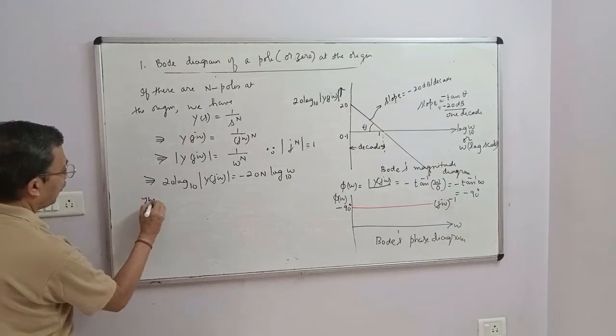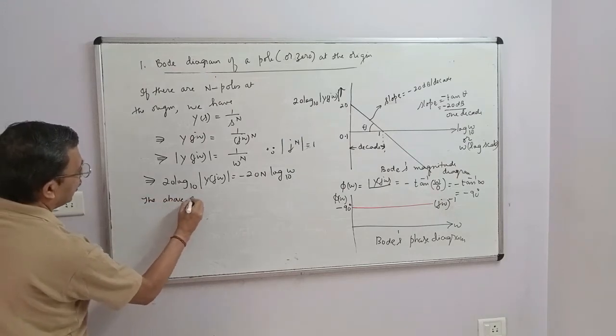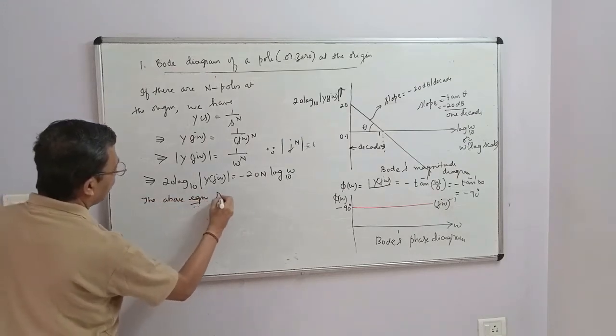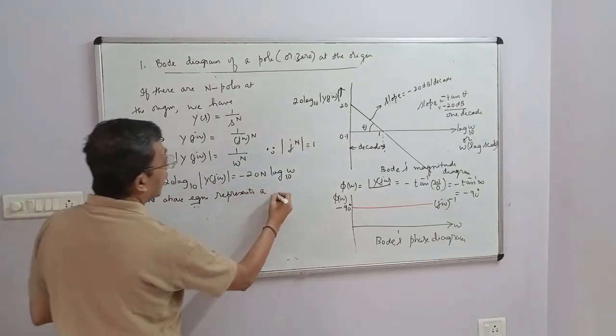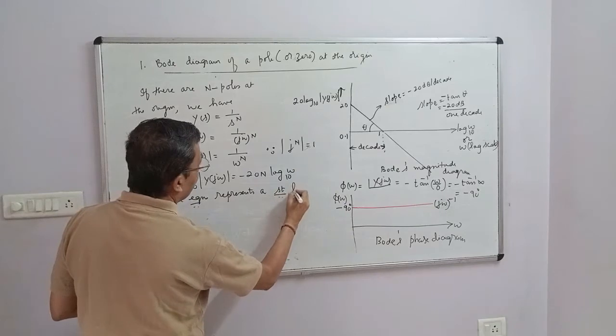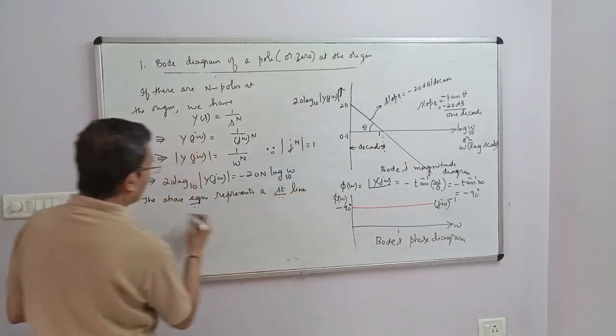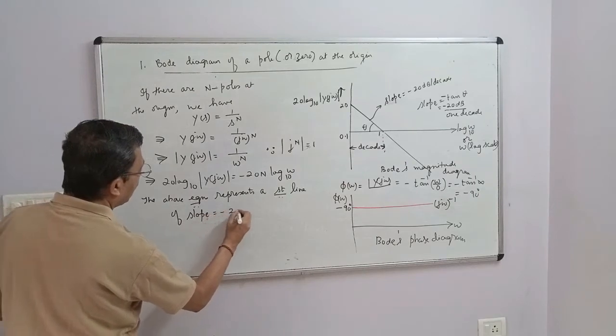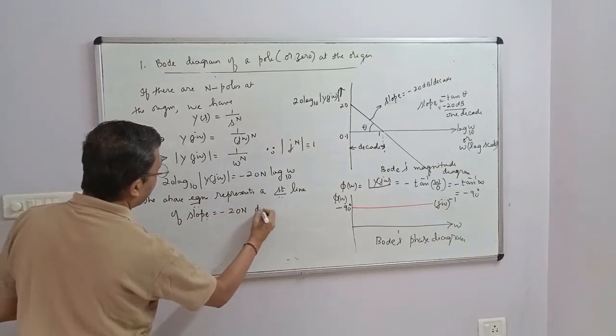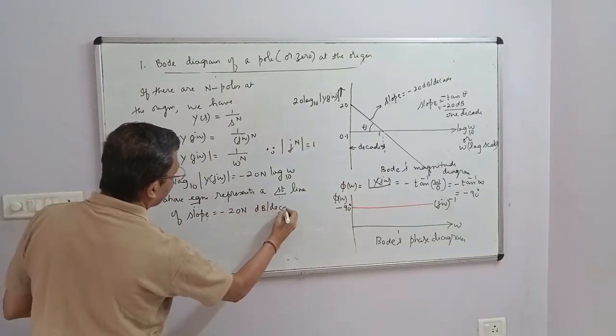Therefore, the above equation represents a straight line of slope equal to minus 20 into n decibels per decade.